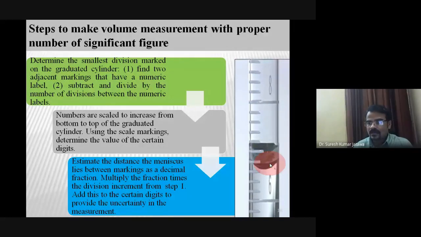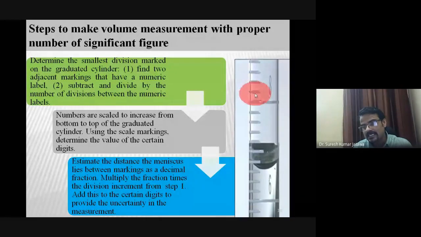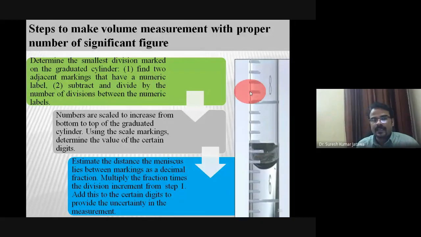What is this? You can see from this to this, this to this. This is the smallest division. So you have identified the smallest division. The first step is completed.